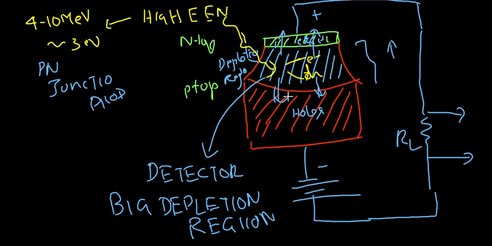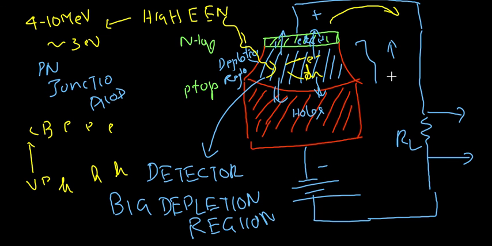Because of this very high energy, the electrons jump from the valence band to the conduction band, creating holes. Here there will be holes, and here it will create electrons. So whenever the radiation interacts with your semiconductor, because of the very high energy, a good number of electron-hole pairs are generated. These electron-hole pairs will constitute a current.